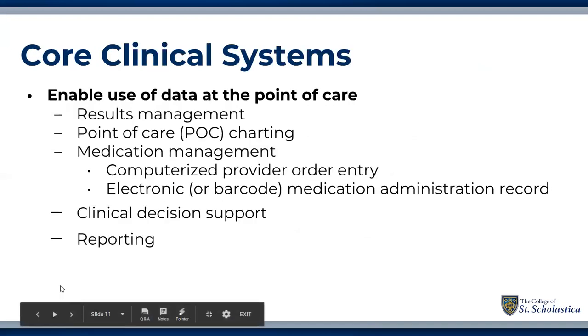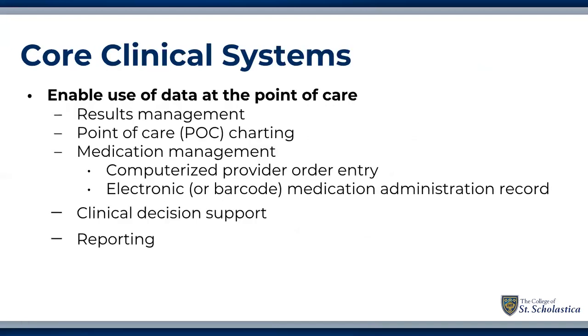All right, so core clinical systems enable the use of data at the point of care. These applications support specific clinical functionality and are often considered the applications that comprise an EHR and define whether a care delivery organization has an EHR. The core clinical systems include results management systems, where data from lab tests and other diagnostic studies can be trended.